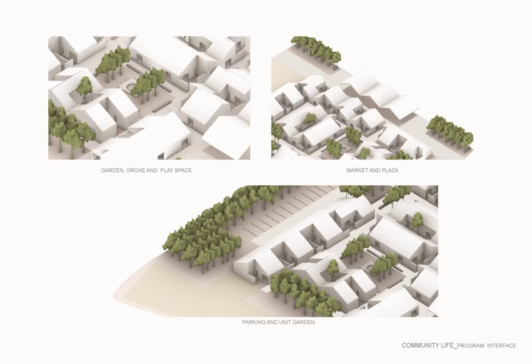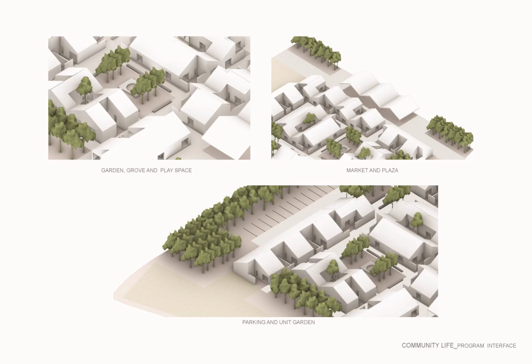The slide highlights key areas of the site. On the left, we see a garden and play space, which provide residents with green areas and trees for recreation and relaxation. These spaces are designed to encourage both individual and communal activities.